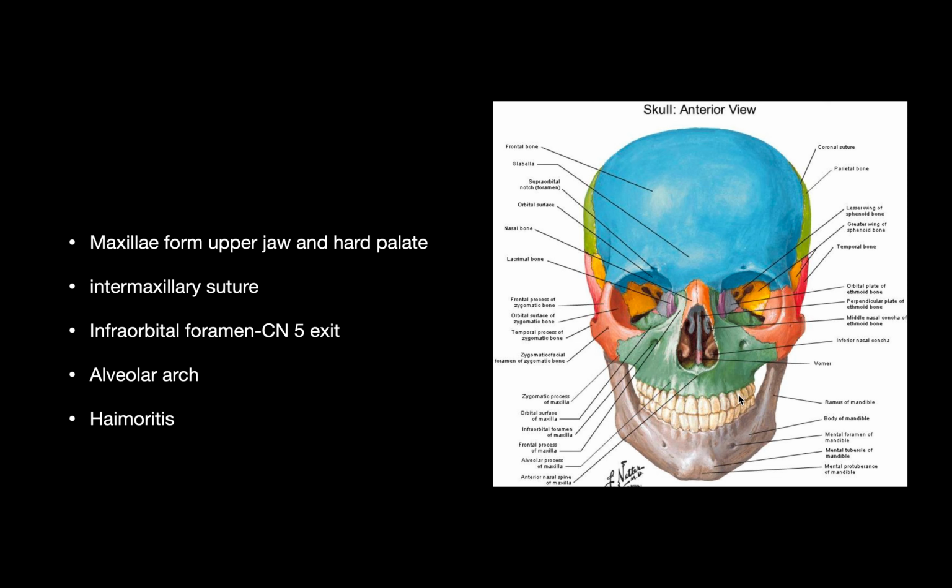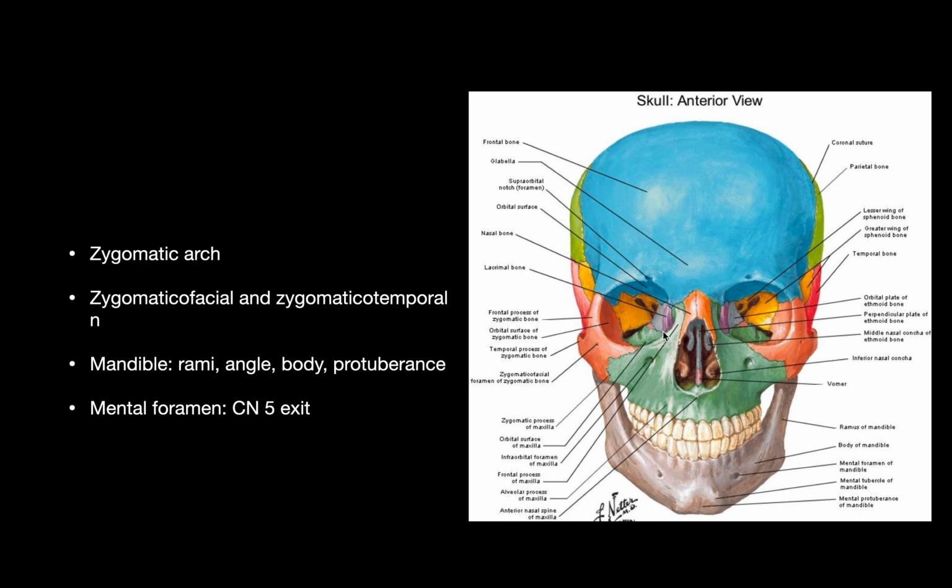And the alveolar arches are where the teeth attach. And hemorrhoitis is the infection of the maxillary sinuses. So there is the zygomatic arch. It's important to know, depending on your anatomy book or your professor, there are parts of the zygomatic bone.